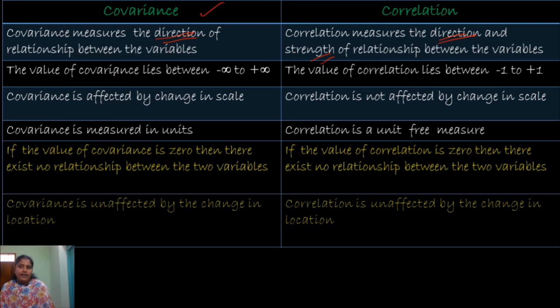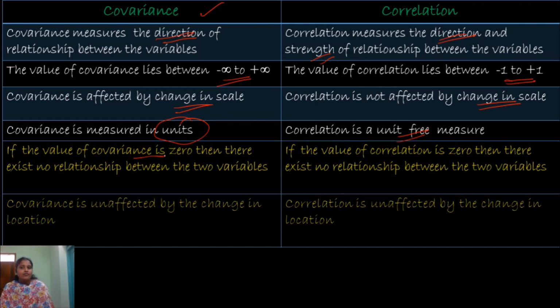The value of covariance lies between -infinity to infinity, but the value of correlation lies between -1 to +1. Also, covariance is affected by change in scale, but correlation is not affected by change in scale. Besides that, covariance is measured in units, but correlation is a unit-free measure. It doesn't have any unit.